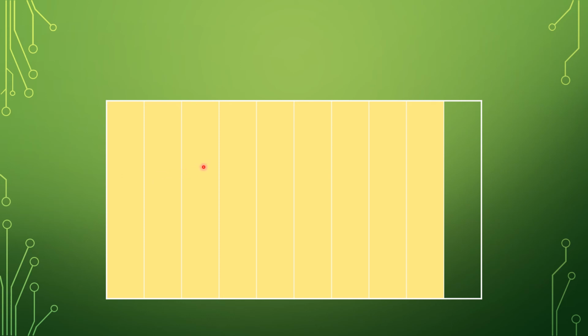So 1, 2, 3, 4, 5, 6, 7, 8, 9, 10. 10 total parts are there, and out of this how many are shaded? 1, 2, 3, 4, 5, 6, 7, 8 and 9. 9 are shaded. So if I want to write down its decimal number, then I can say that it is 9 out of 10. And I know that out of can be written like 9 over 10, and if I want to represent 9 over 10 in the form of decimal, it will be 0.9.